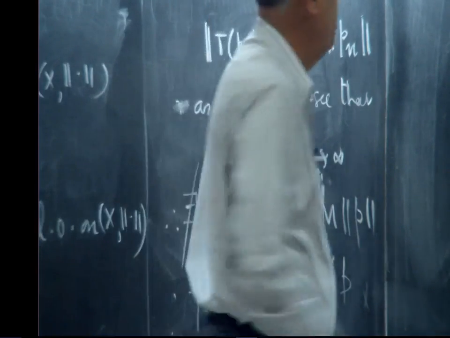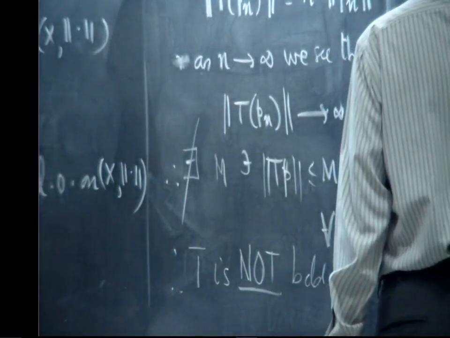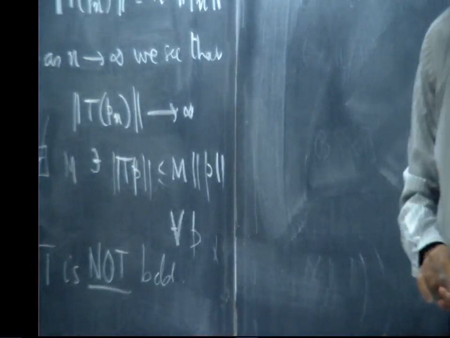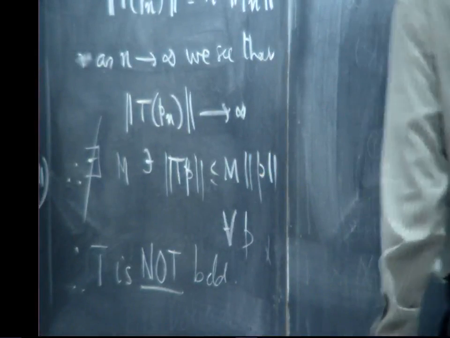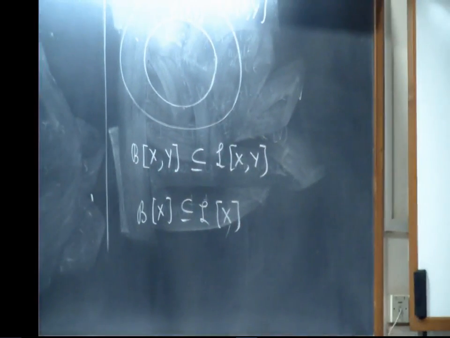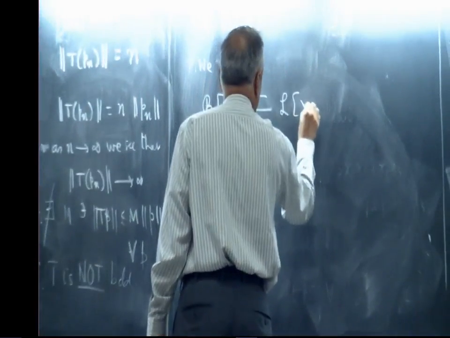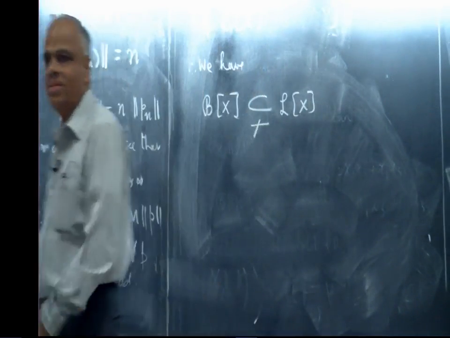So, it is a linear operator, it is not bounded. So, T does not belong to B(X). So, therefore, we have something in the gap now. This is the bounded thing, this fellow lives outside. So, therefore, B(X) is strictly contained but not equal to L(X) in this case.